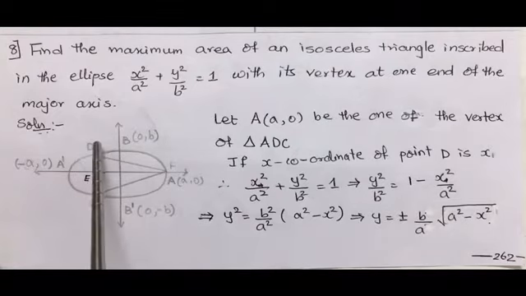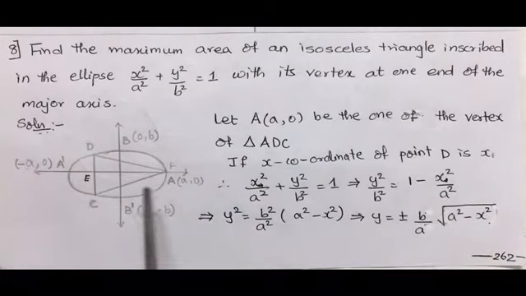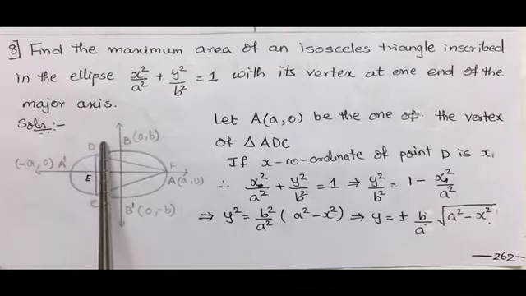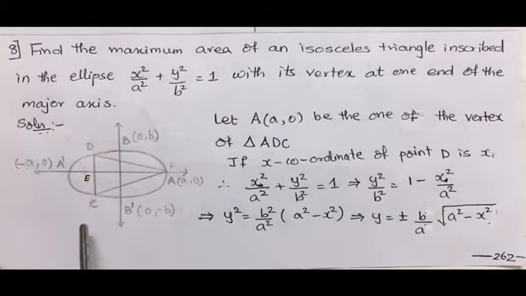But when we select the y coordinate of D, it will be positive, as y is positive in the second quadrant, and in the third quadrant the y coordinate is negative. So C will be having a negative y coordinate.